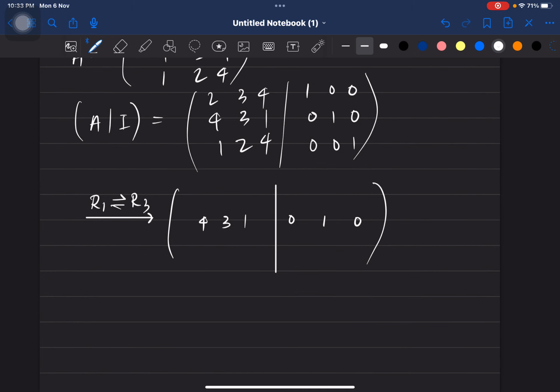Next one 2x minus y. Now y is row 3, not row 2 anymore, so be careful, don't subtract the wrong thing. Row 3 is now your y, so 1 and 2 first.